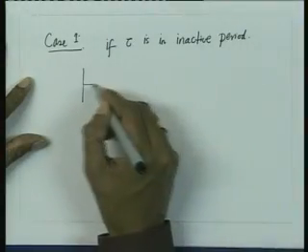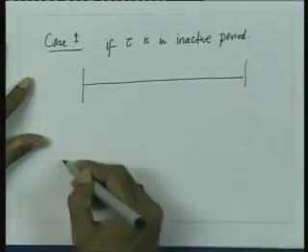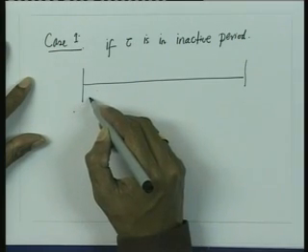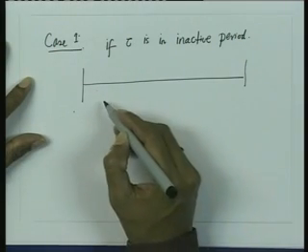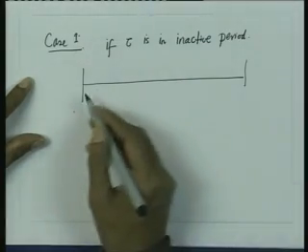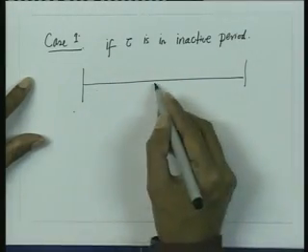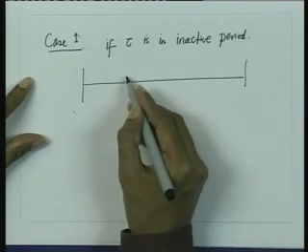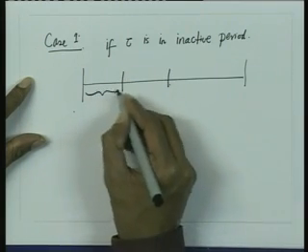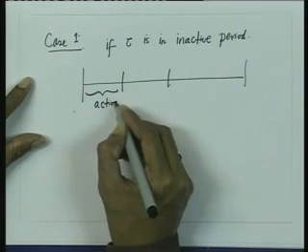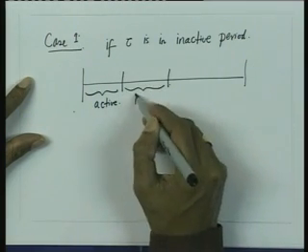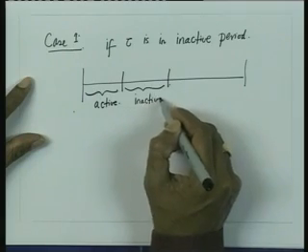So by contradiction, tau lies in an inactive period. This period is active and this period is inactive.